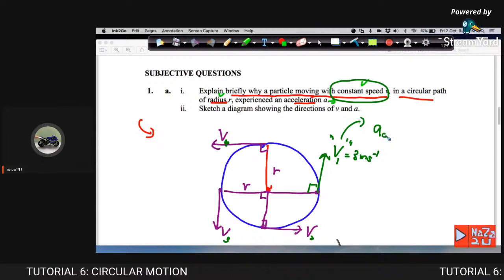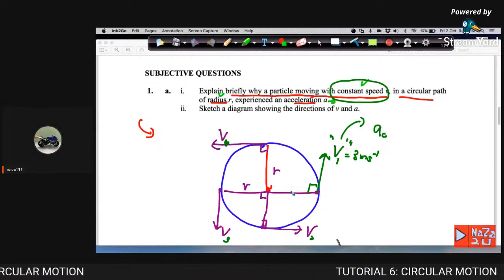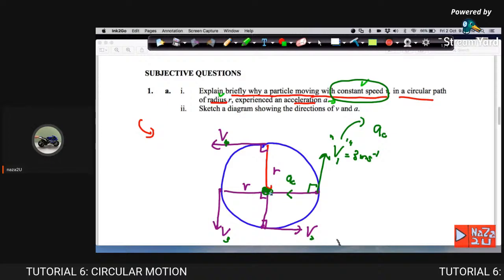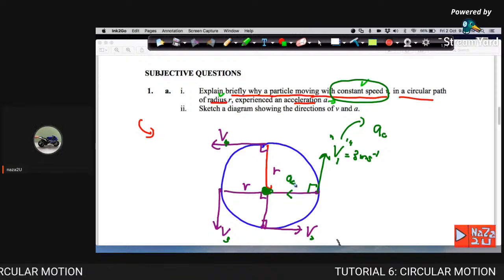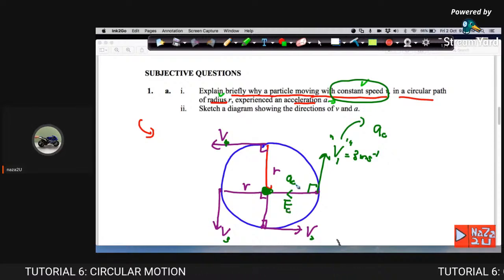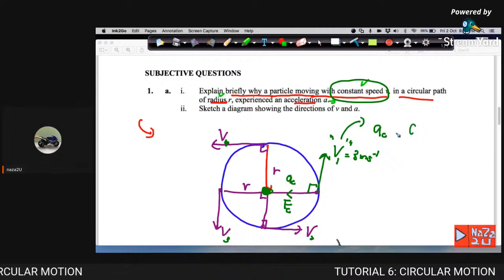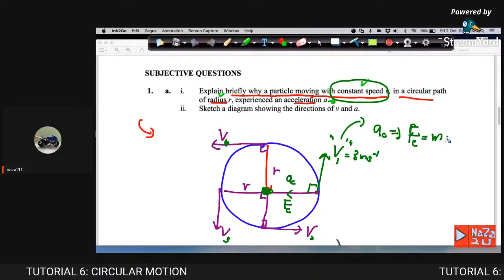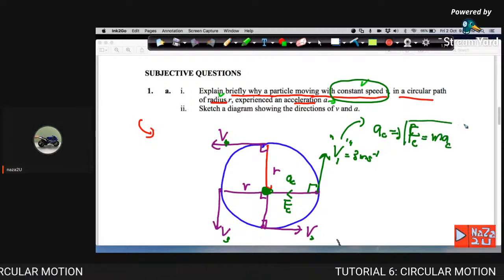So where is the direction of the centripetal acceleration? The centripetal acceleration AC is always directed to the center of the circular path. And if you have the AC, you also have a centripetal force in the same direction as the AC. So the direction of the AC is equal to the direction of the FC, or you can relate F = m AC for circular motion.